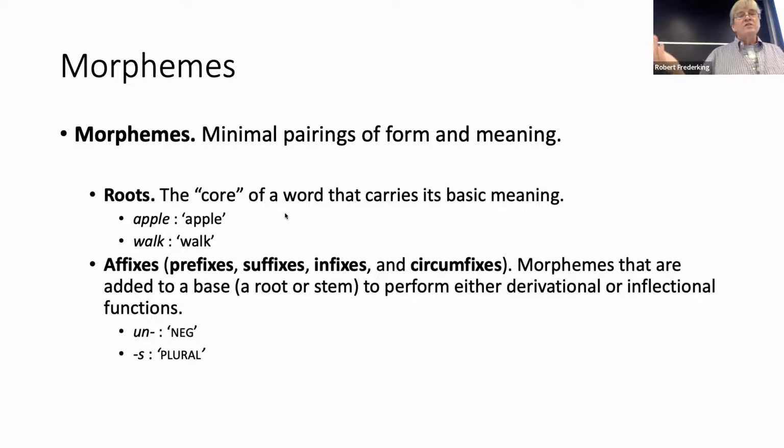And then they have affixes that can attach to them that will carry little bits of extra information like plurality or gender or tense on a verb. So un is a negative prefix in English, s is a plural suffix. And these things can be added in the front and the back or in the middle. And so the generic term for all of those together is affixes. And there's a list of these for any given language that's not going to change very easily.